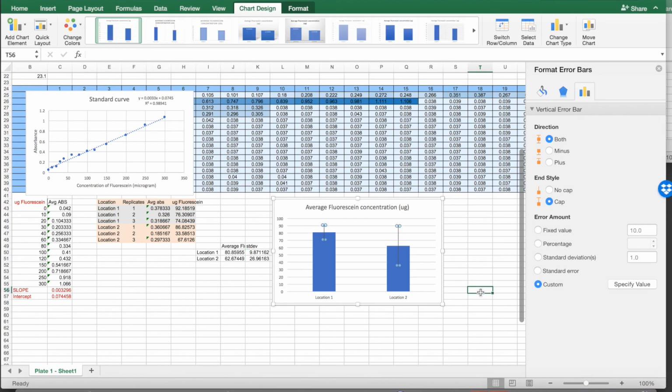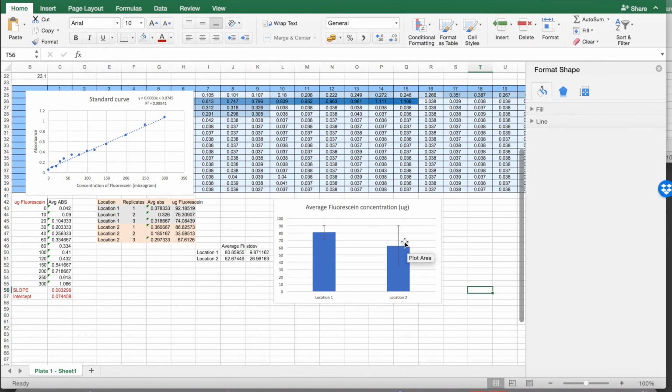All right, so here we see that the dispersion of data across location 2 is quite large, overlapping with the dispersion of data in location 1. So technically, we cannot say that location 1 has a much larger microbial activity than location 2. So we have to say that they have similar microbial activities.